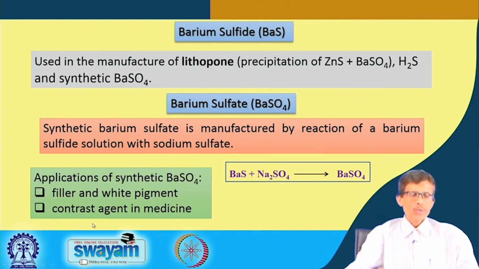Then we use this as the contrast agent in medicine, because we know that sometimes we go for an X-ray of our body, of the inside of our body. So, we go for the barium meal X-ray. Some barium sulphate salt is given to the patient, a dilute version of that salt, basically not a solution, it is a salt type of thing, because it is insoluble.